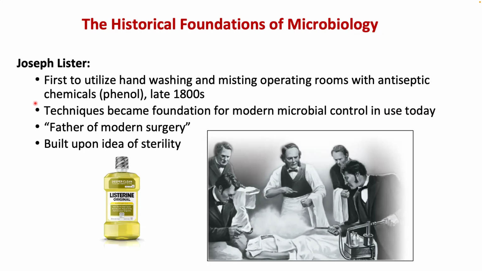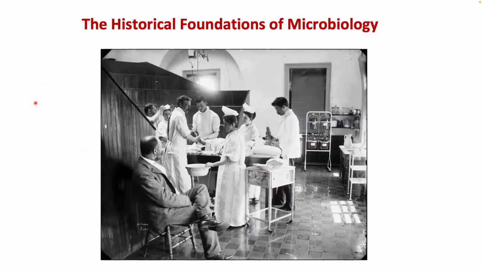Following that, people took the concept of sterilization further. This picture that you are seeing is from around 1898, where you can see a nurse with a bowl, and they are sterilizing everything they are using on this patient.